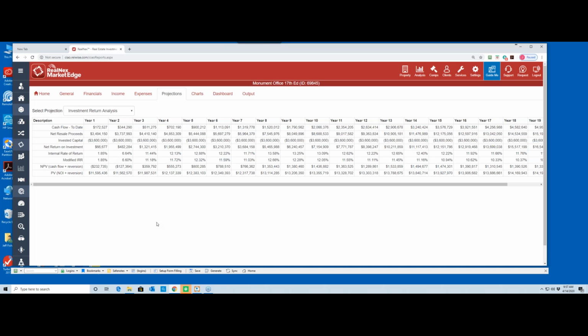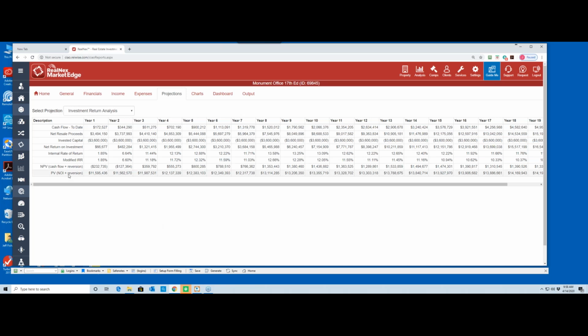So we're not going to go into BOV today, but this is part of the work done to create the BOV output in MarketEdge, and we'll be going through that in the next session, not Thursday's session, but next Tuesday.